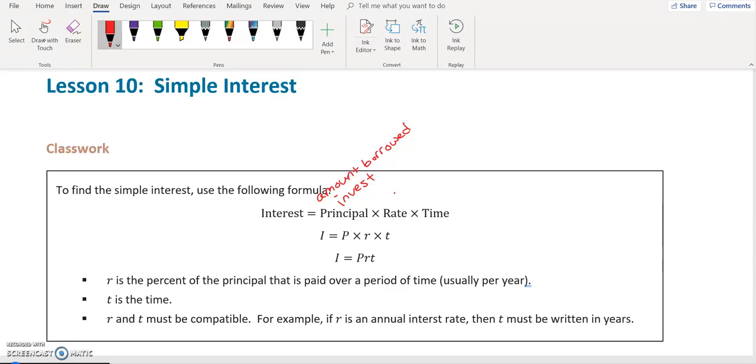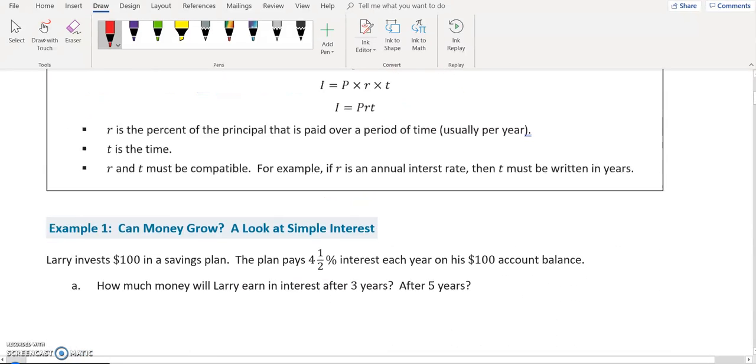Times our rate, and our rate is going to be a percent, and then the time is usually, as it says right here, per year, but it could be months. We are going to look at it yearly though, and so it says also that R and T must be compatible. So in other words, if one mentions a month and the other mentions a year, they have to be the same. So you would have to change months to years to where they're the same.